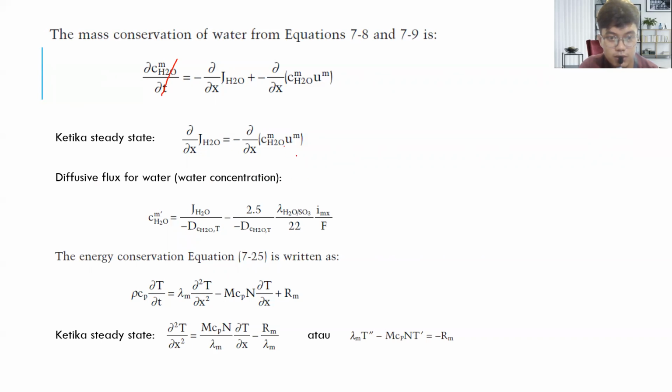Based on the equation, we can rewrite the equation to calculate the water concentration. C, the concentration of water, is equal to J per D minus 2.5 per D multiplied by lambda per 22, this is for ampere per Faraday constant.